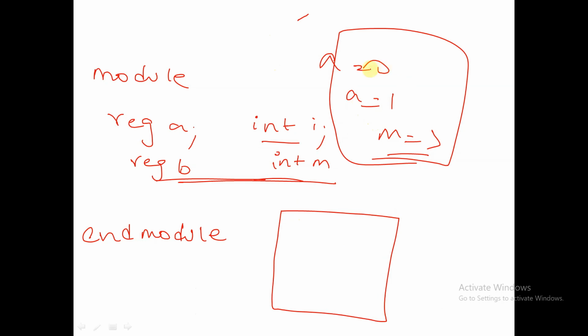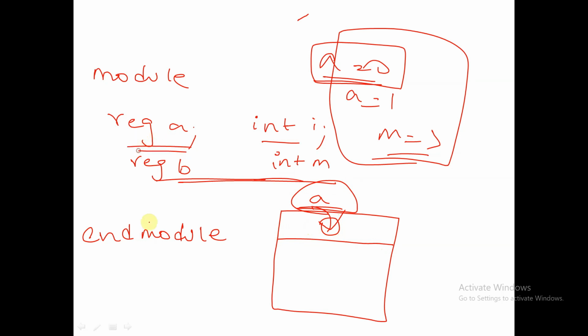So for these variables, say suppose for this register, a memory location will be created, and at some address the value will be stored for this register A. So this register A will be stored in a particular memory location. So once the variable is created, then a memory location for this variable is created.